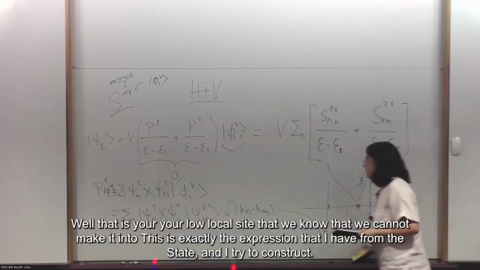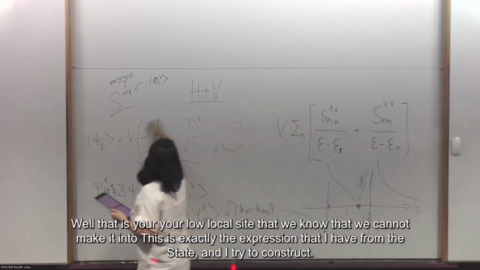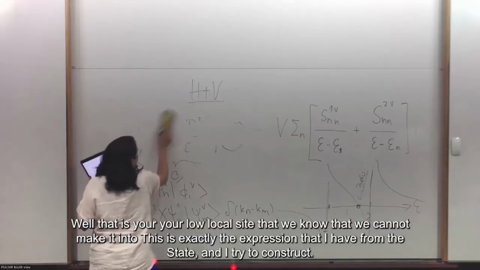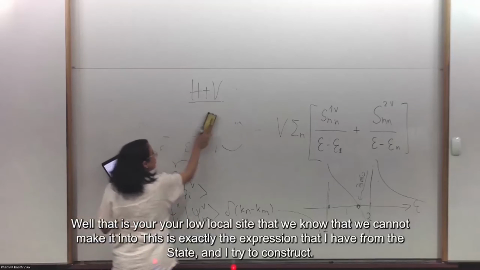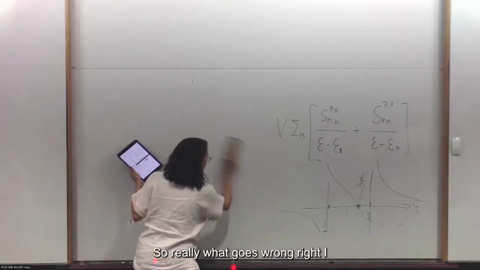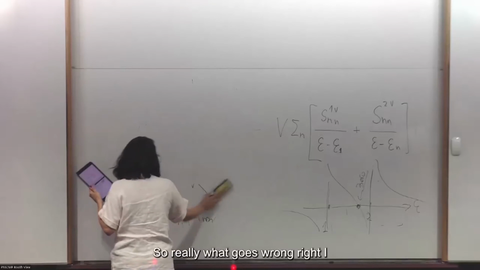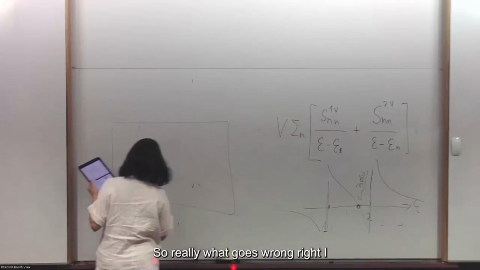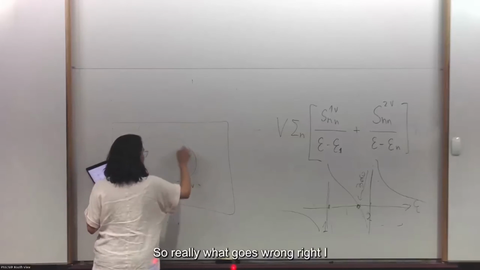So there's a way of thinking about this state in one very specific scenario, which is the Chern insulator. Imagine that you have a Chern insulator and you make a huge hole.